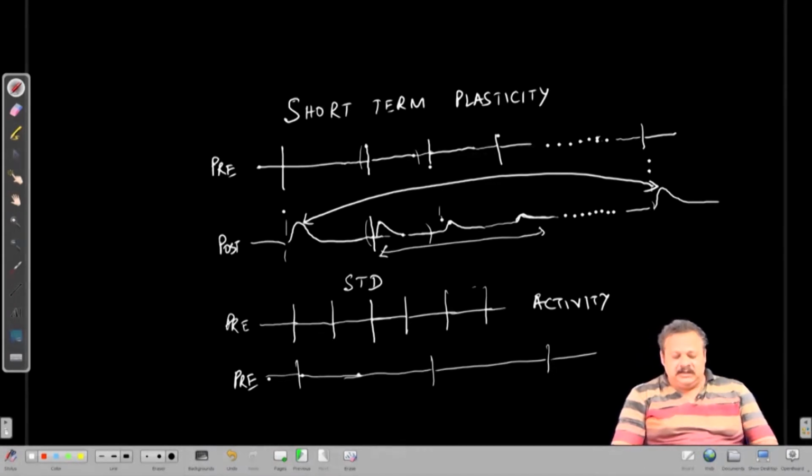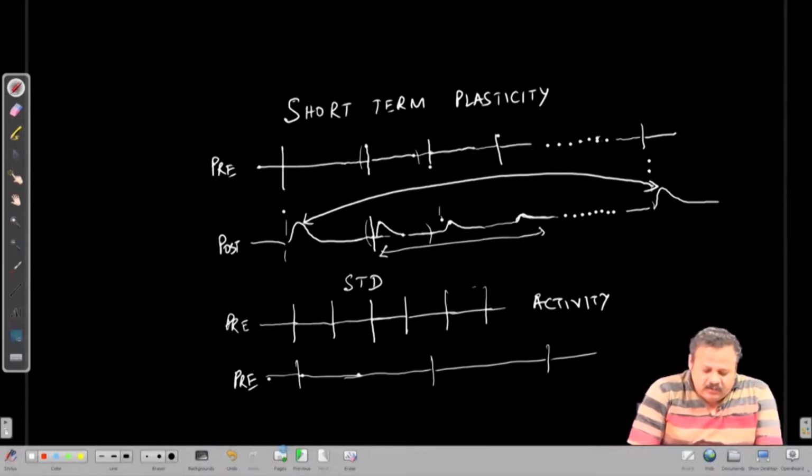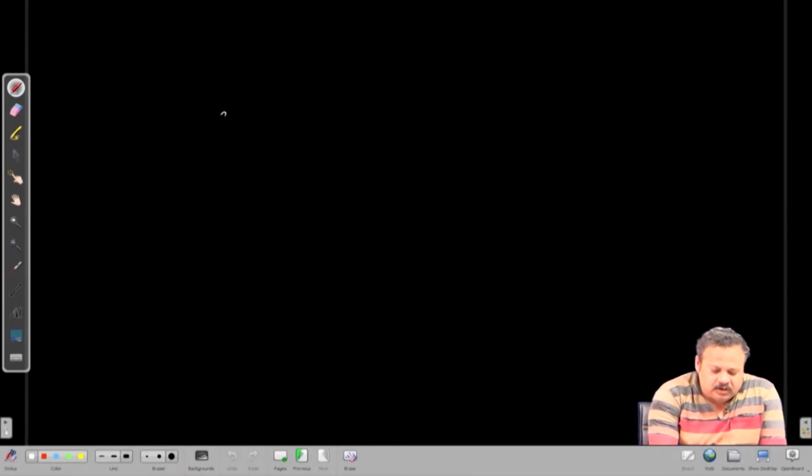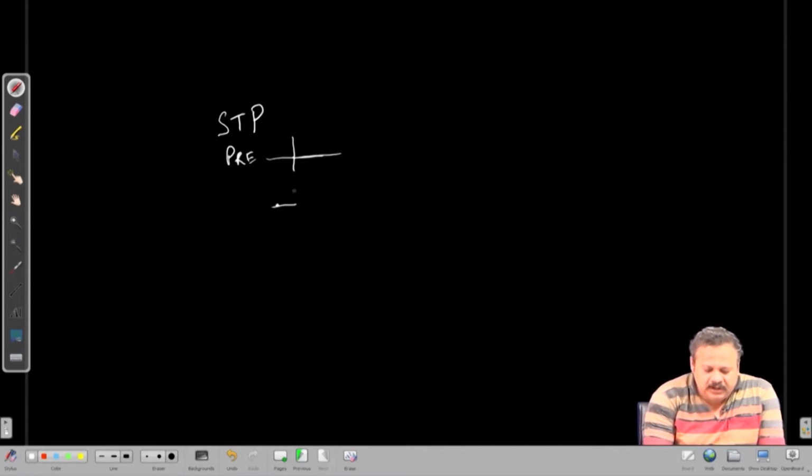And similarly, instead of short term depression, we can also see short term facilitation or potentiation, where we do have an action potential on the presynaptic side, and we measure the EPSP size.